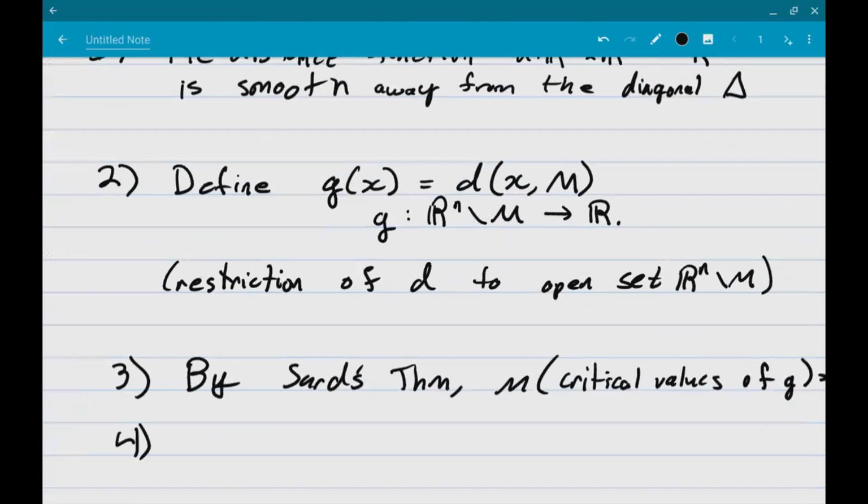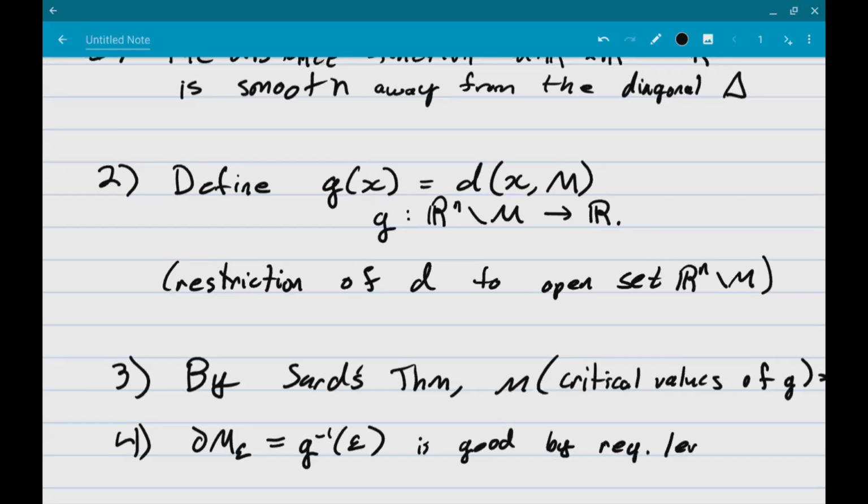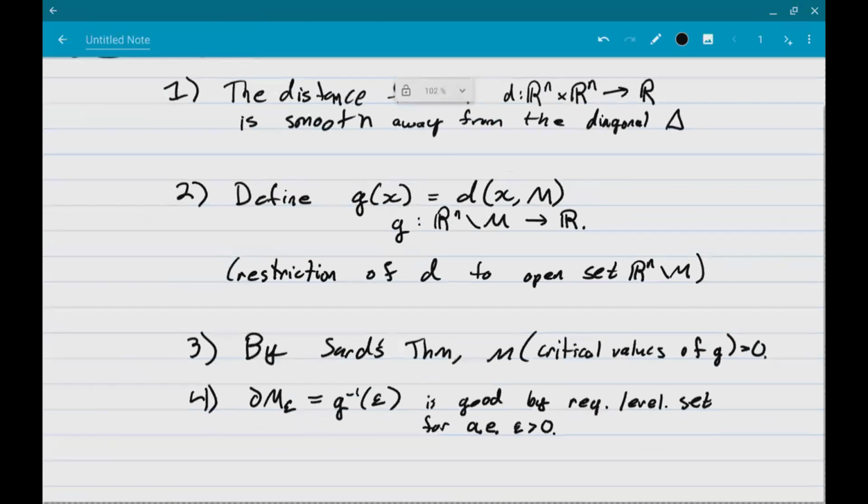So by 4, the boundary of M epsilon, which is exactly equal to the pre-image of epsilon under this map g, is smooth, by the regular level set theorem, for almost all epsilon greater than 0, including the ones that are small in the sense that I just stated. So let me zoom out so that you can see all the steps.